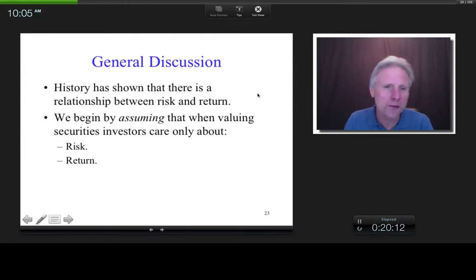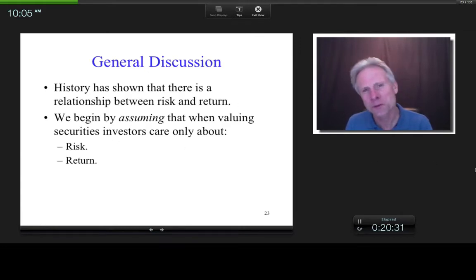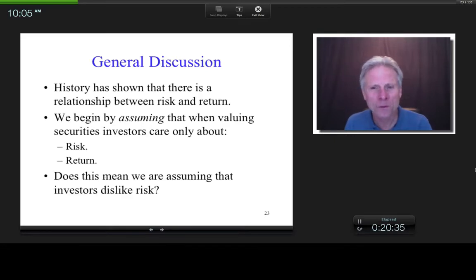And history's shown that, yeah, this relationship between risk and return exists. And so what we're going to do is begin by assuming, this is an assumption, that when investors value securities, they care about two things. One is risk, and the other is return.